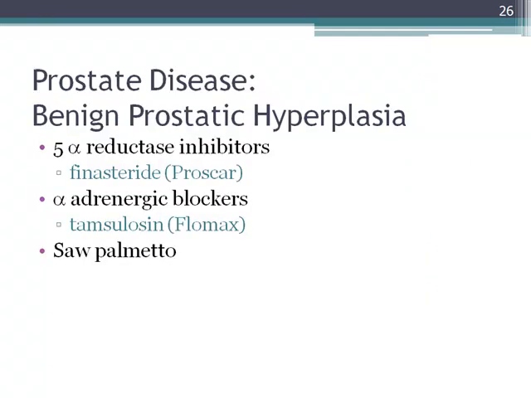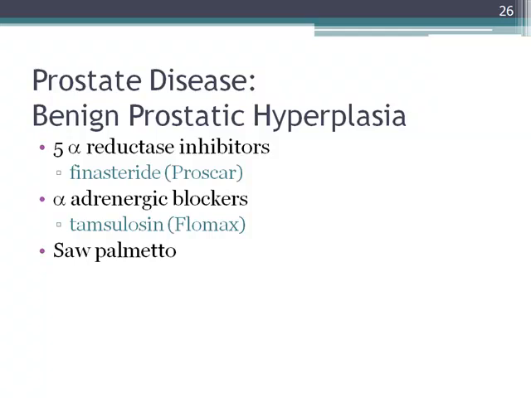So some common medications that are used, we can give medications that inhibit that 5-alpha reductase. So we have less production of that DHT, which is the form of the hormone that contributes to BPH. And a common drug there is finasteride or Proscar. We can also give alpha adrenergic blockers.